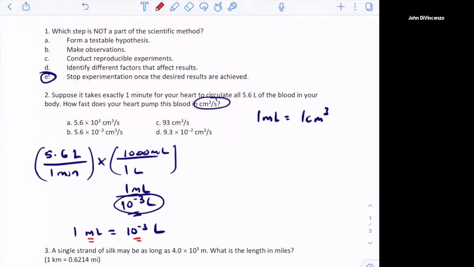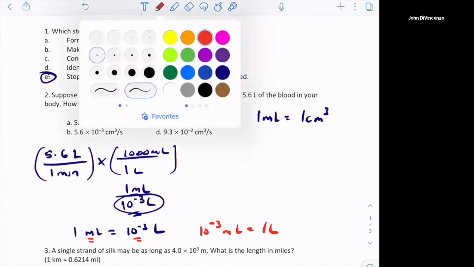They have to be on opposite sides. What you don't want to do is say 10 to the minus 3 milliliters equals 1 liter. That's wrong, right? You see what I'm saying? The milli and the 10 to the minus 3 are on the same side, and you've got opposite sides. That's a common mistake students make when they get confused with the metric system. You need to get comfortable with this.